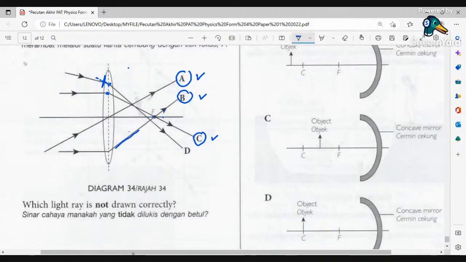Pergi lebih sikit pada D. Okay. Jadi jawapan dia kita ambil ialah D lah. Inilah yang not drawn correctly, D. Ini tak ikut rule pun. Tak ikut rule. Jadi jawapan dia D lah.